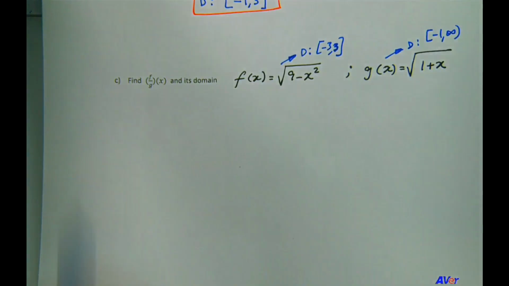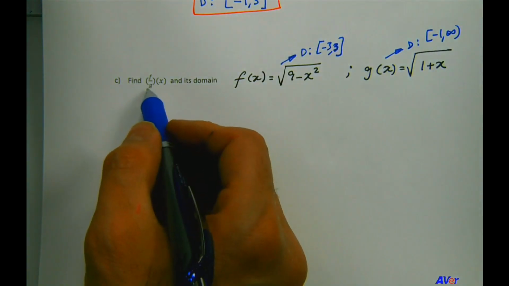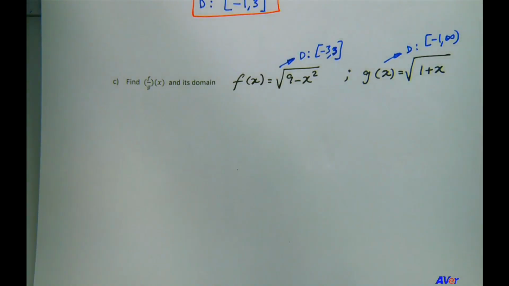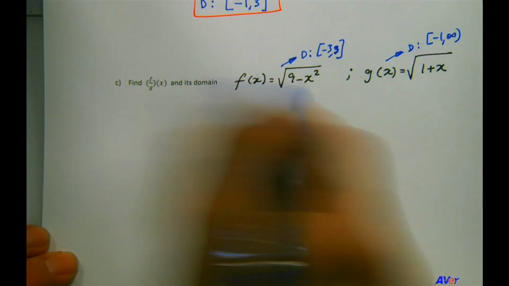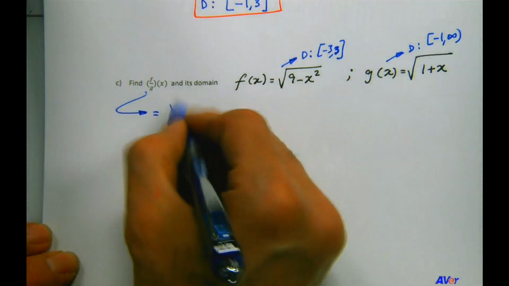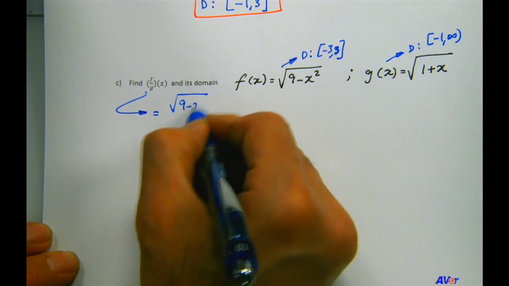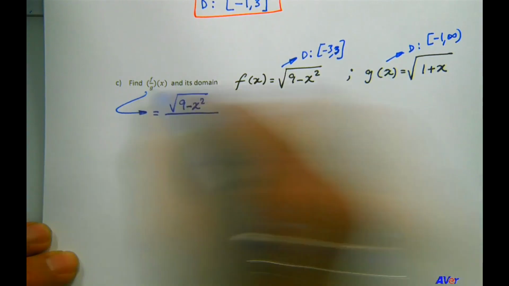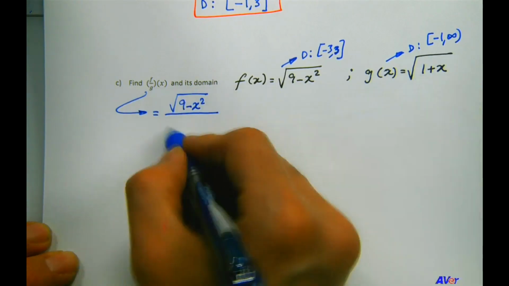Okay? So now let's find the combined function, which in this case is the two functions divided by each other. So f, which is 9 minus x squared, divided by g, which is that function.